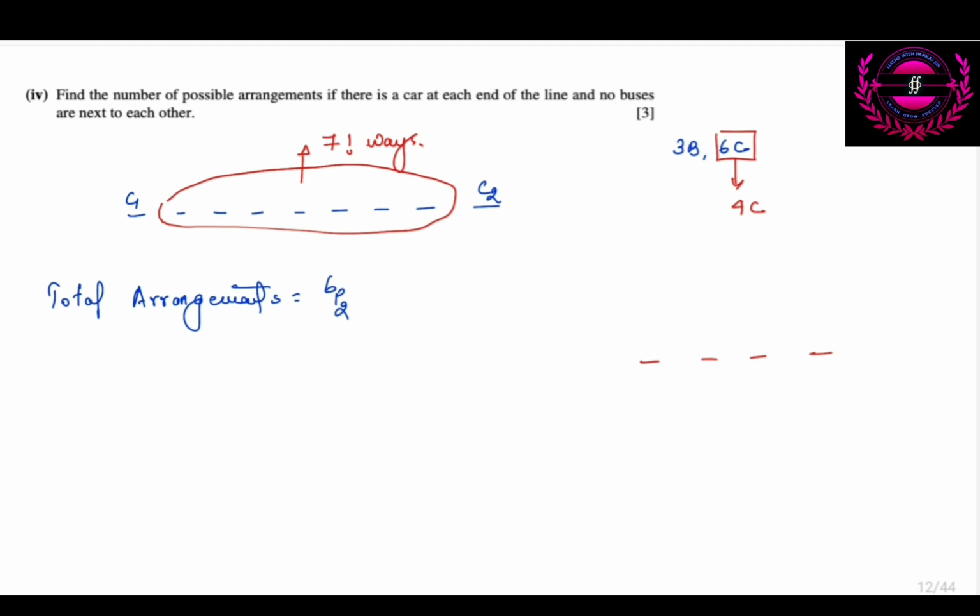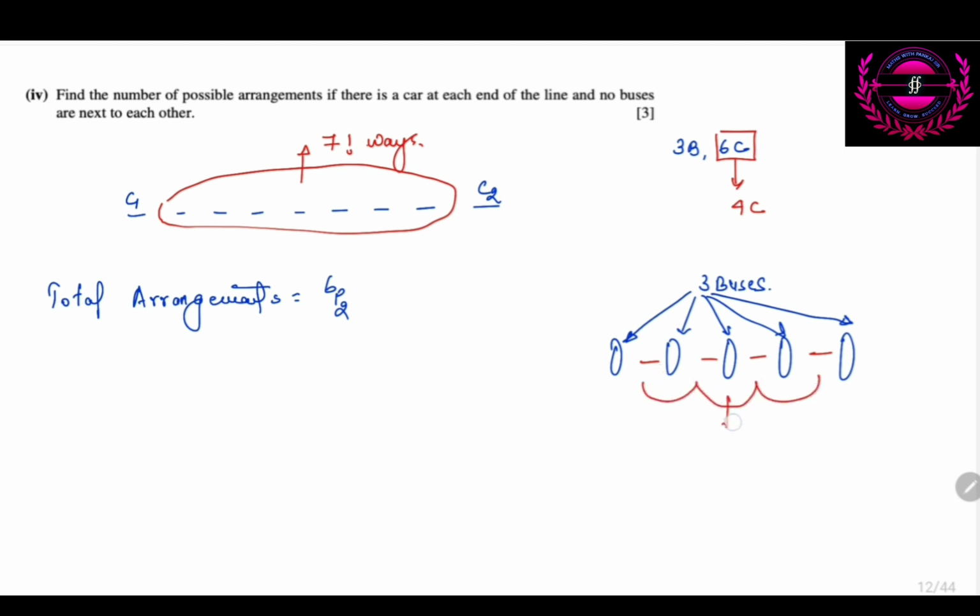I have 4 cars left, so I can arrange 1, 2, 3, 4, 5. I can arrange 3 buses in how many locations? 5 locations. And these remaining 4 cars can arrange themselves in how many ways? 4 factorial ways, and I can choose 3 spaces out of these 5 spaces in 5C3, but I can arrange the 3 buses.